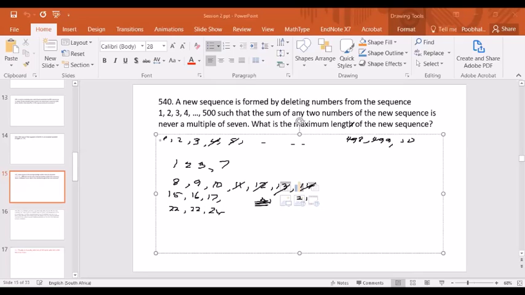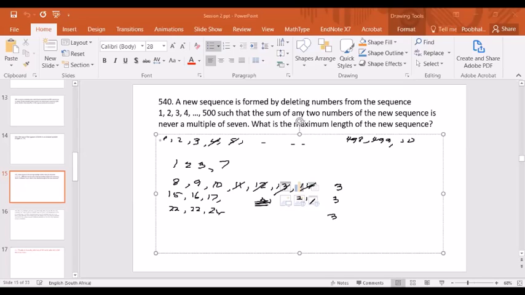Now the problem is, what is the maximum length of this new sequence? I want to know how many numbers are there, how many survivors are there. And the way I'm doing it, I'm finding the maximum one because I'm taking each one, every one of those, and I'm eliminating them. So you see that in each group of 7, I got 3 here, I got another group of 7 here, 3 there, and so on.